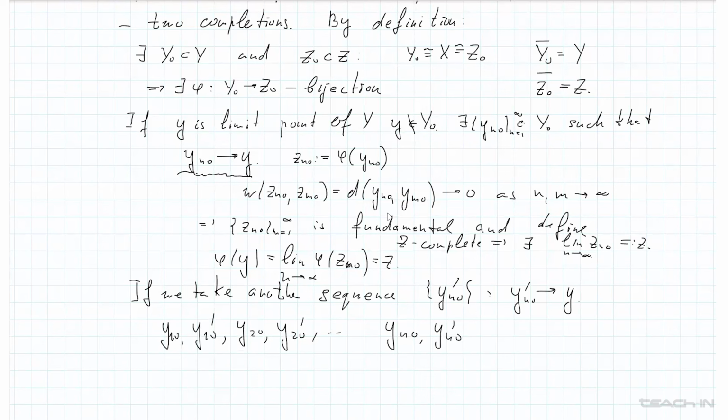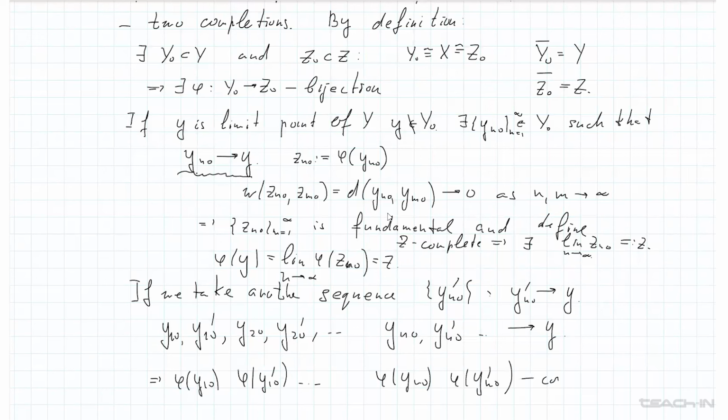And this new sequence, of course, tends to y. So we obtain that the images of these sequences, phi(y_n), phi(y_n'), of course, converge, so the limit is unique.